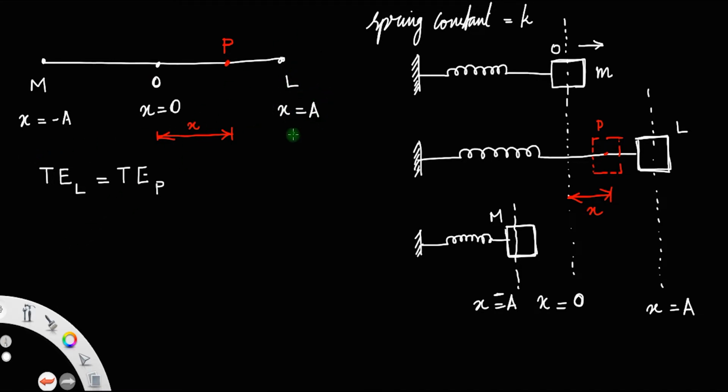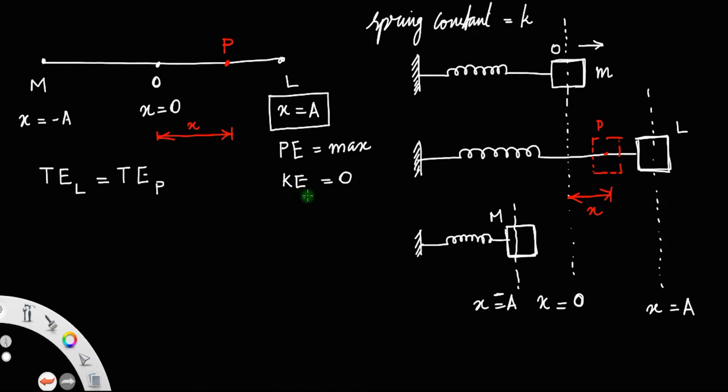Now let's take the position L. Here the spring is stretched to its maximum, which means x is maximum. That is, potential energy will be maximum here. So all of the energy is converted to potential energy, which means the kinetic energy must be zero here.